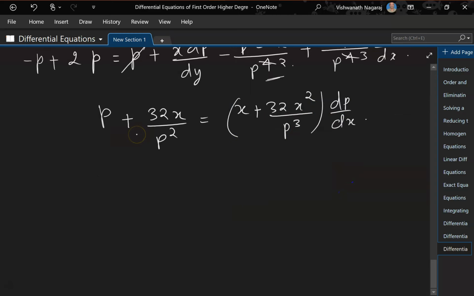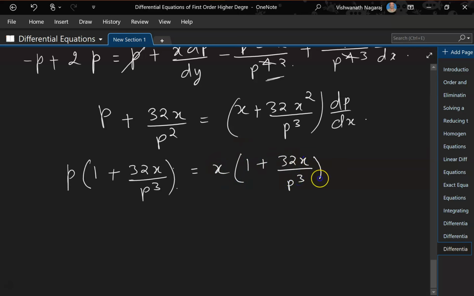Now in this let's take out p common. So if we take out p common, what are we left with? 1 plus 32x by p cube, then only one of the p's will get cancelled and it will be left with p square. Let's take out x common, so we are left with 1 plus 32x by p cube dp by dx.